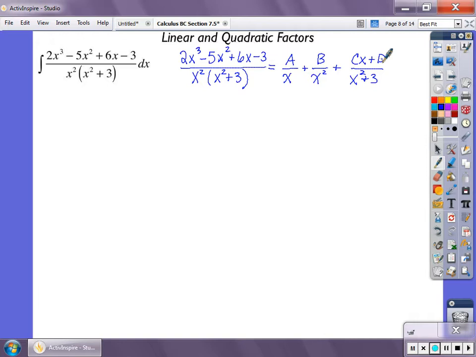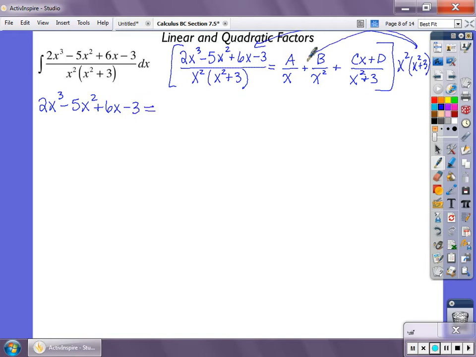Here we go. So we're going to multiply by our least common denominator, which is always whatever this is here, so times x squared plus 3. Distribute it over here. The denominator and what you're distributing will reduce. You'll be left with 2x cubed minus 5x squared plus 6x minus 3 equals, distribute to the a term.